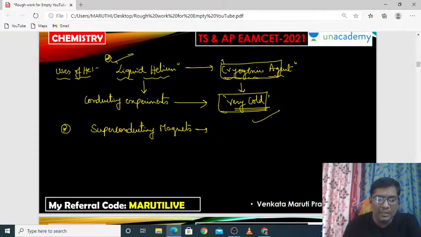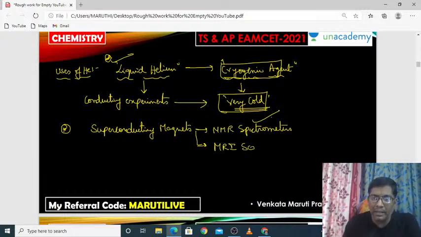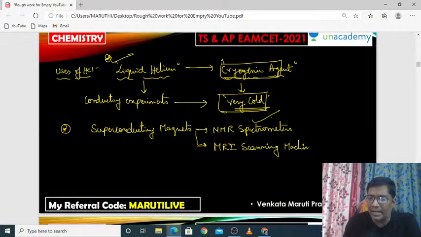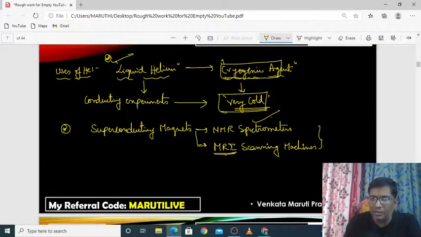We can use it in NMR spectrometers, and sometimes we can use the same superconducting magnets in the latest equipment like MRI scanning. I think you know very well about MRI scanning machines. In magnetic resonance imaging and in nuclear magnetic resonance spectrometers, we need helium to produce superconducting magnets.